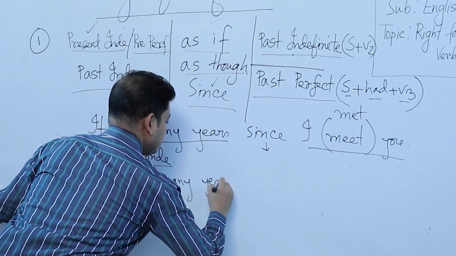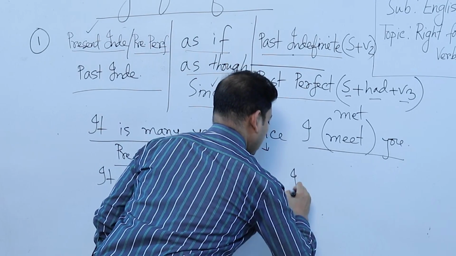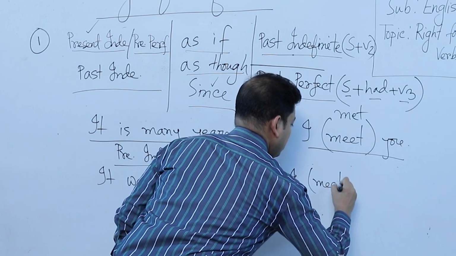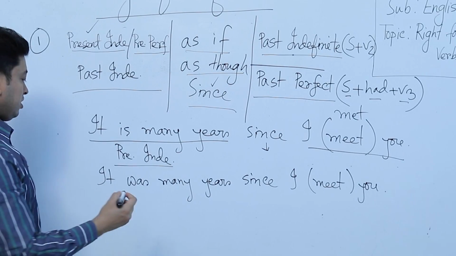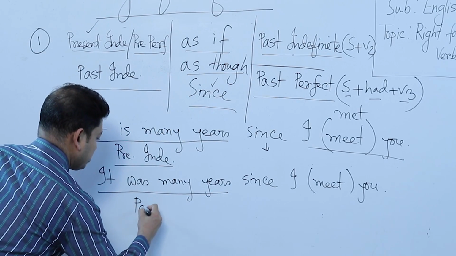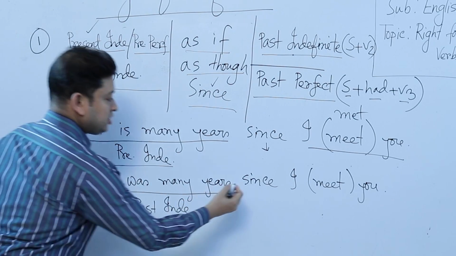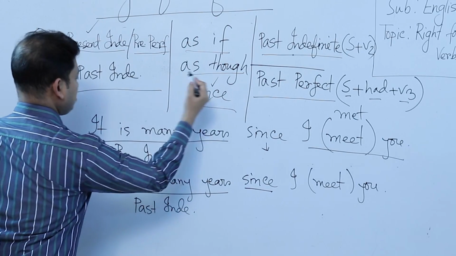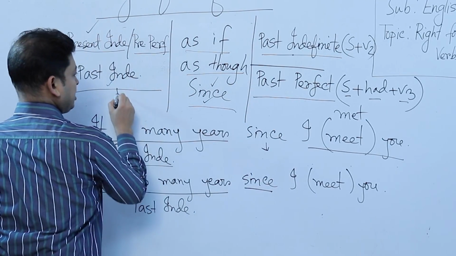It was many years since I met you. Here the first clause is past indefinite tense or simple past tense. Since is there in the middle. So, since is there in the middle, past indefinite tense is there. So, it will follow past perfect tense here.